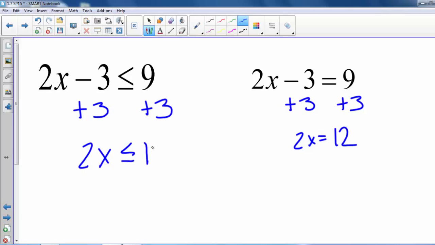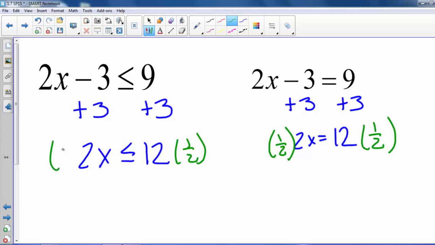And now, to solve the equality, we would think of this as either dividing by 2, or we can think of it as multiplying by 1/2. And now we need to ask, can we do the same thing with our inequality? Can we multiply by 1/2 or divide by 2? And will we get an equivalent statement?